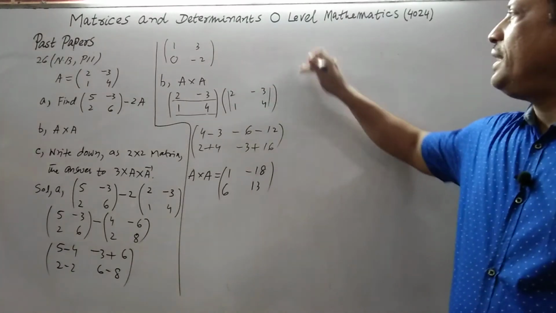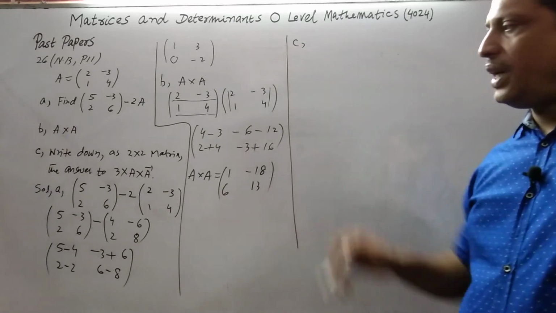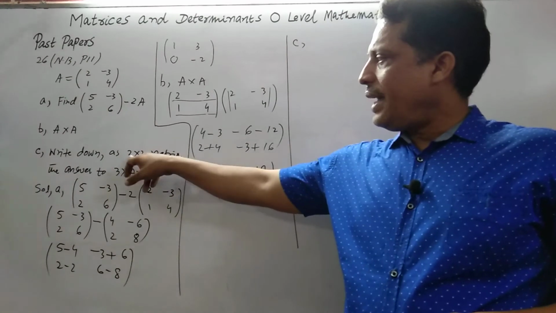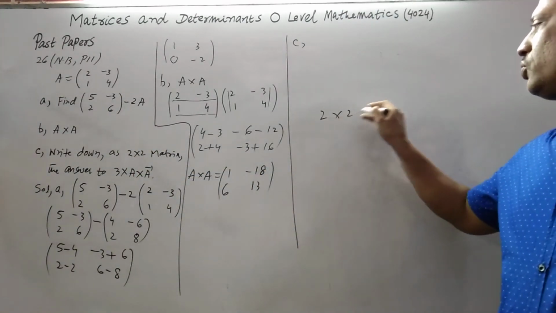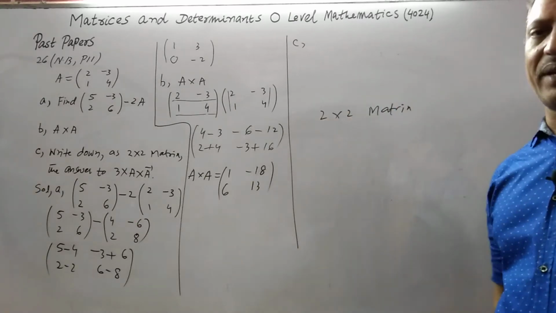see the last part, a very interesting part. Students, the last part says write down as a 2 by 2 matrix. 2 by 2 means this is the order of a matrix.